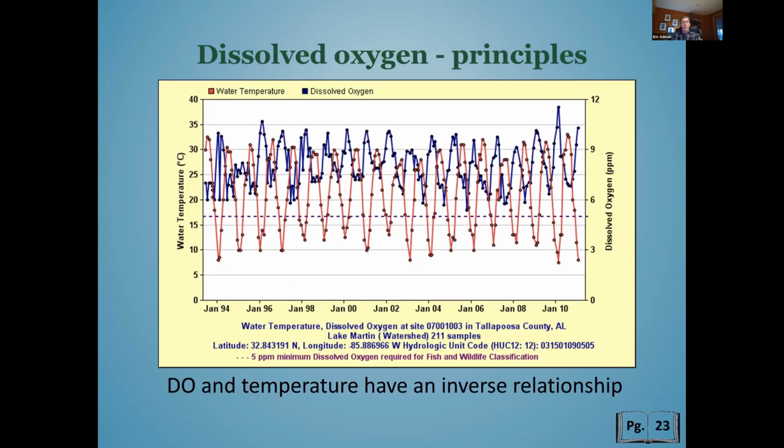There's also a relationship between temperature and dissolved oxygen, an inverse relationship. Essentially, as temperature goes up, the level of dissolved oxygen possible goes down, and vice versa. So cold water holds more dissolved oxygen.